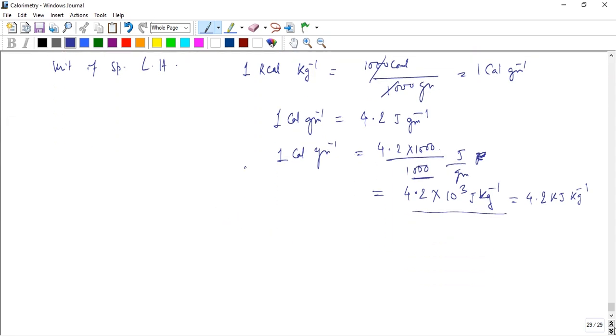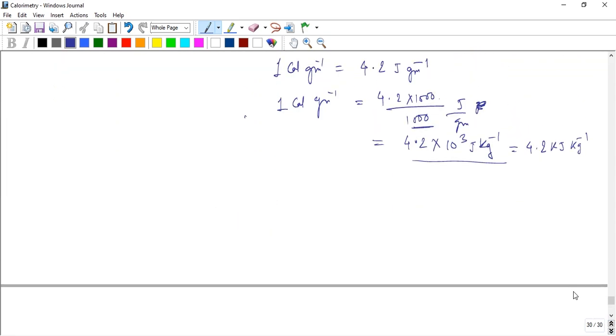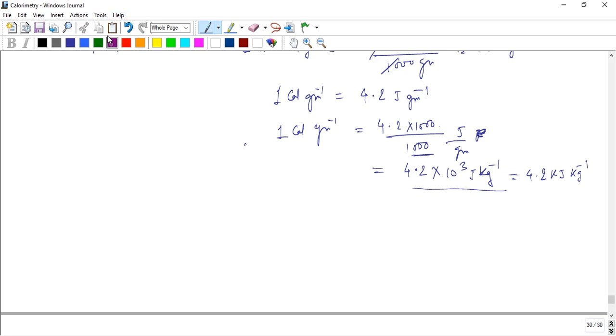Now we discuss the specific latent heat of fusion of ice. What is the specific latent heat of fusion of ice?